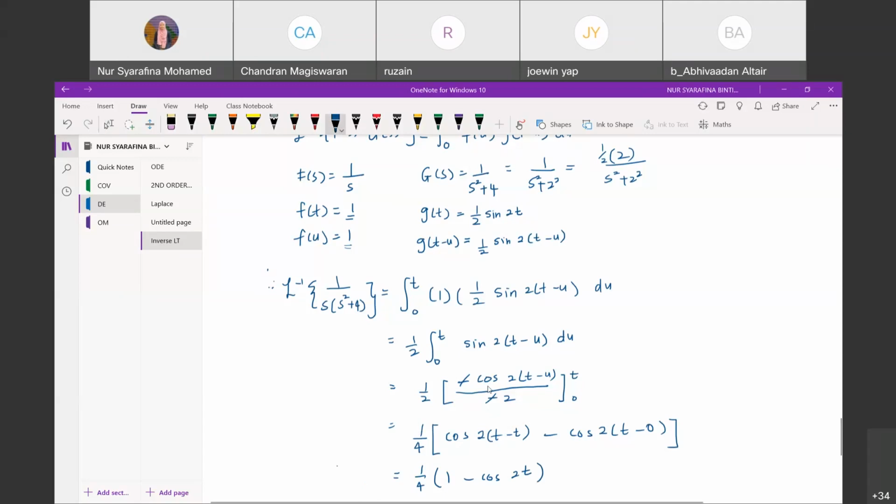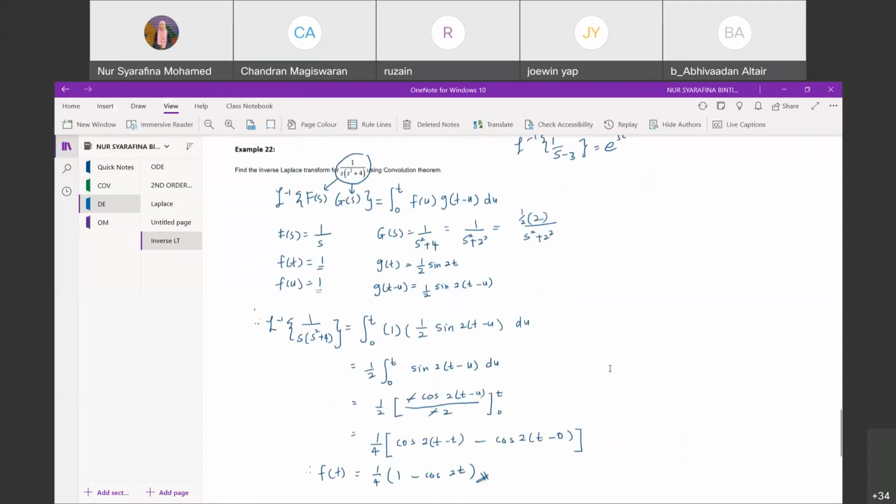So this is your f. You need to first understand what is your function F(s) and what is your G(s).